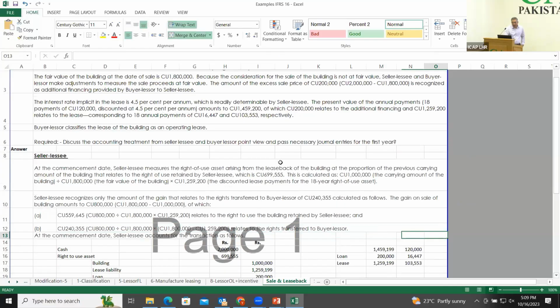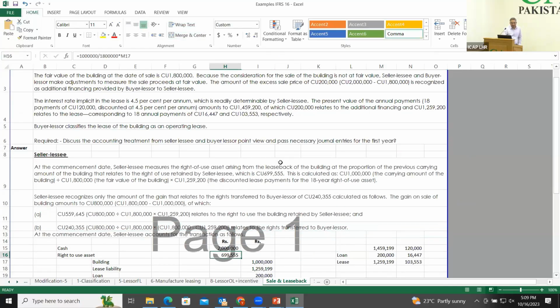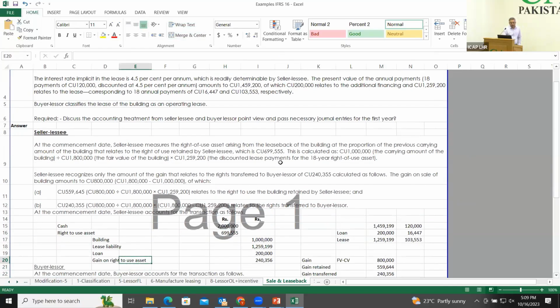Here is the calculation and the accounting entries. Here is cash of 2 million, and you will recognize the right of use. Here is the formula: carrying value of the asset, 1 million, divided by the fair value of the asset, multiplied by the present value of the lease liability. M17 is the present value of the lease liability.